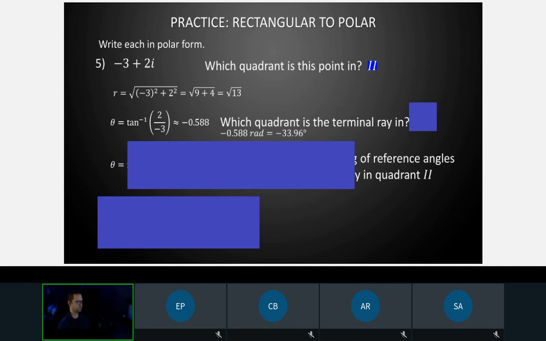All right, so which quadrant is this terminal ray in? Well, this is negative 0.588. If you want to convert that radian into degrees to really understand where that is, note that it's just over a half of a radian, and a half a radian would be 90 degrees. So you're going clockwise just over a half a radian.